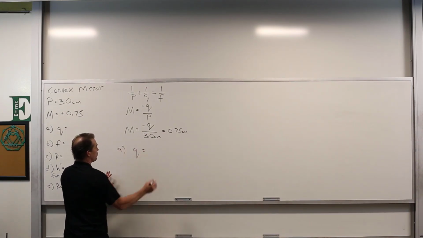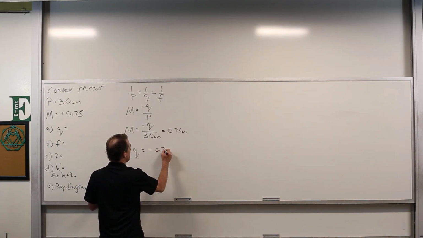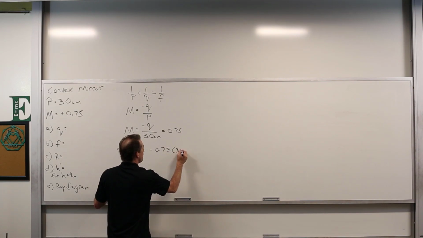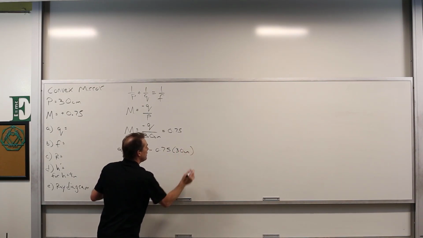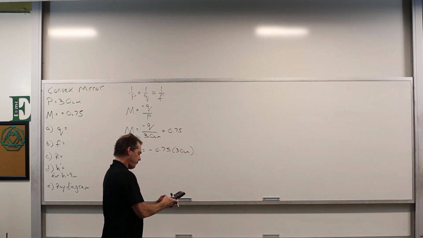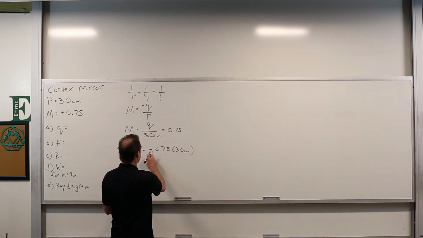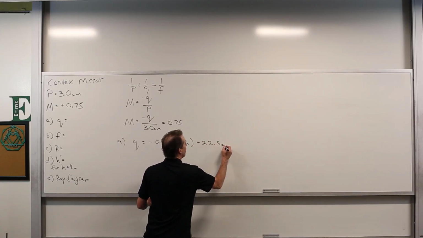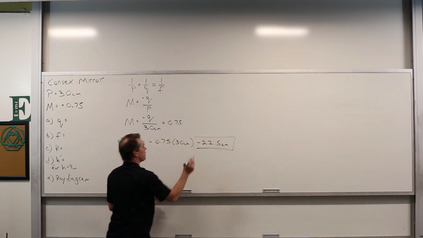Q is then equal to negative 0.75 times 30 centimeters. 0.75 times 30 gives us 22.5 with the negative sign out in front: negative 22.5 centimeters.